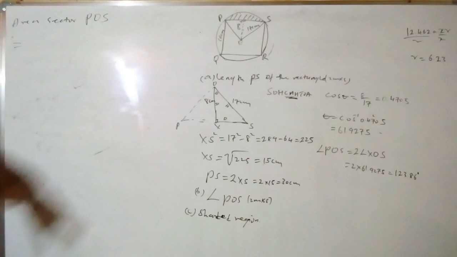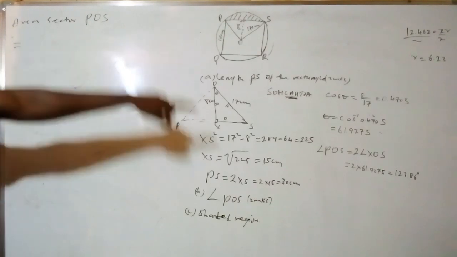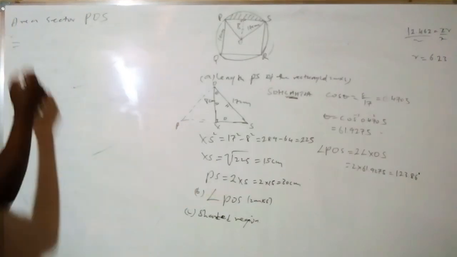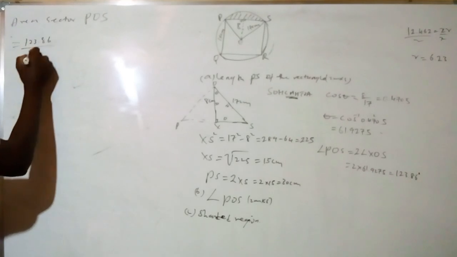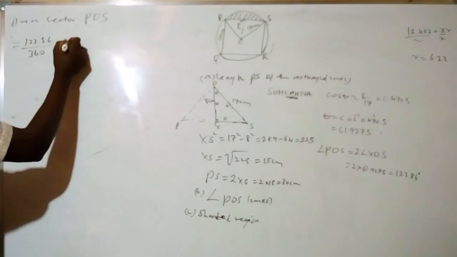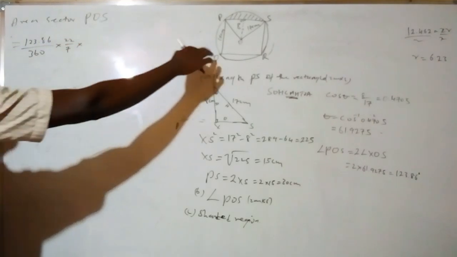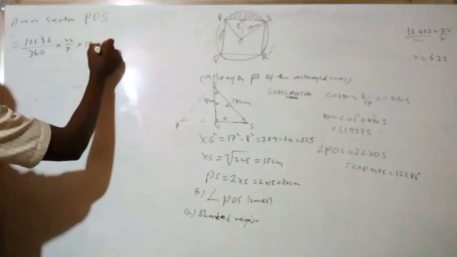POS is the angle you have computed as 123.86, over 360, times 22 over 7, times radius 17 times 17.